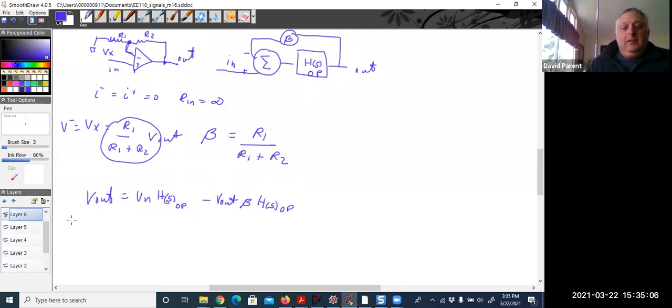Times the transfer function of the op amp. So we collect our Vouts, right?